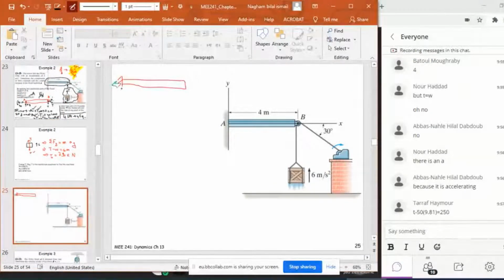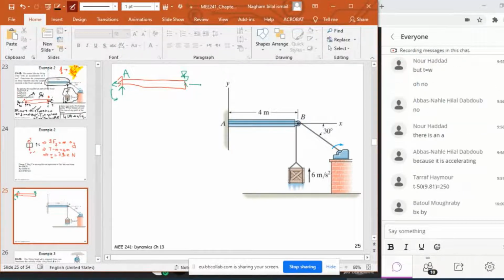I'm gonna have Ax, Ay, and the moment, right? And what do I have here, guys, at B? If I separate this beam from the pulley, what do I have on this B, guys? Bx and By, perfect. So these are the reactions done by the pulley on this beam, right?